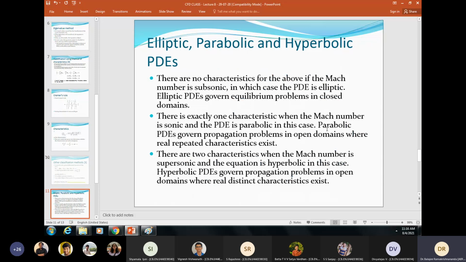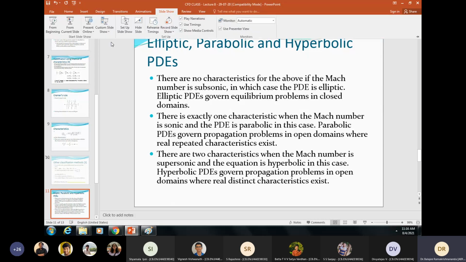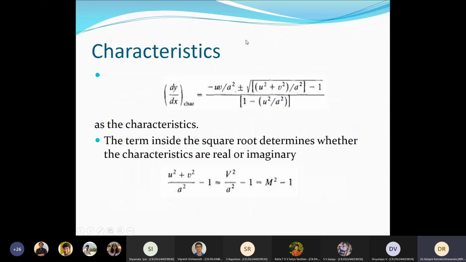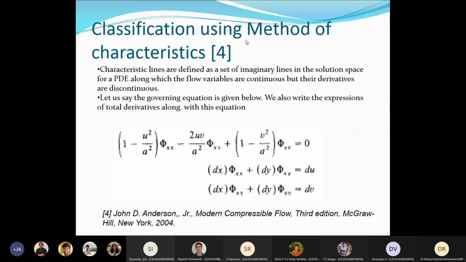Now this is what I was telling. There are no characteristics. Let me go to the slide show. There are no characteristics for this system.